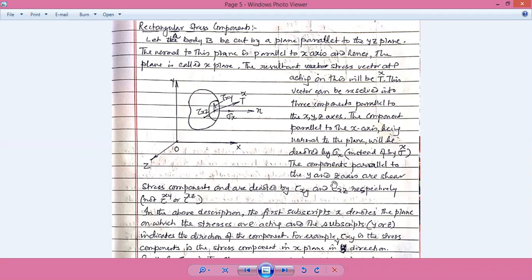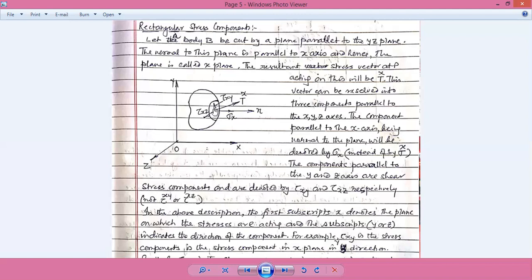The components parallel to the y and z axes are shear stress components, denoted by tau xy and tau xz. On this plane, the components act parallel to the plane, one along the y-axis and another along the z-axis, so they are called shear forces.